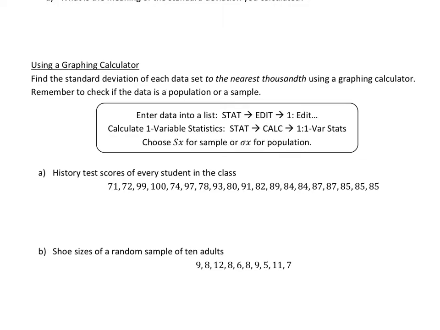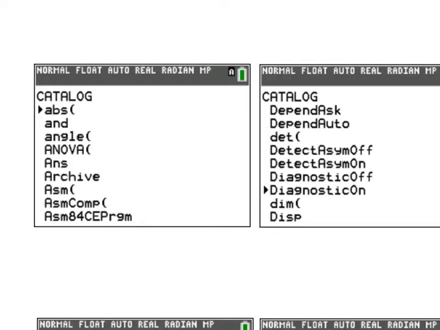Before I get to that, we need to set something up on your calculator. I want you to hit the second key on your calculator, which is in the upper left-hand corner. It should be blue. And then I want you to hit catalog. If you look at the 0 key, which is on the bottom left, it's a white key. Above it says catalog. So again, hit second, catalog, and you should see this screen right here.